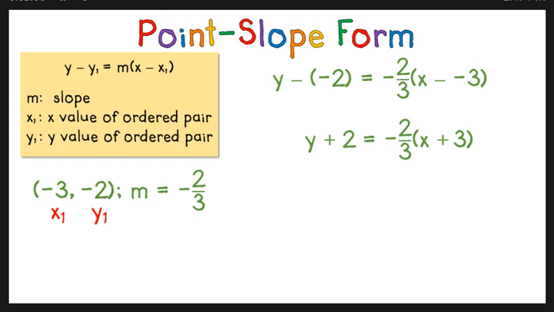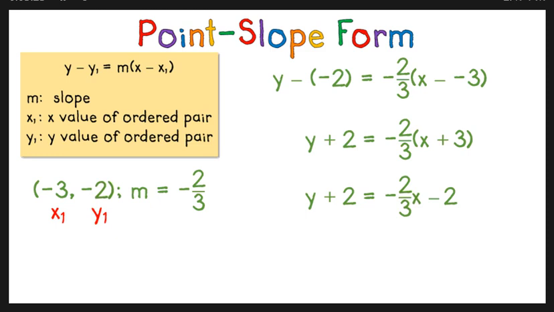So negative 2/3 times x would give us negative 2/3 x, and negative 2/3 times 3 would be the same as negative 2 times 3, which is negative 6, divided by 3, which is negative 2. So then we would have the equation y plus 2 equals negative 2/3 x minus 2.